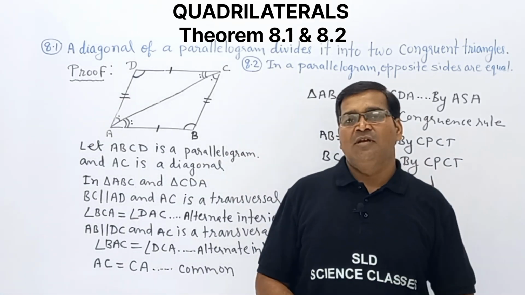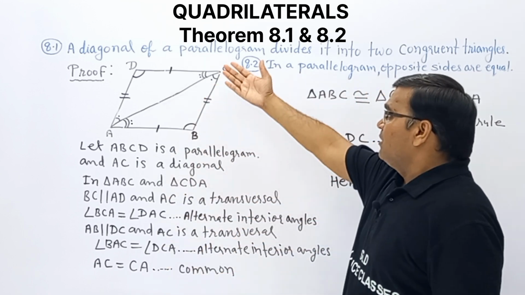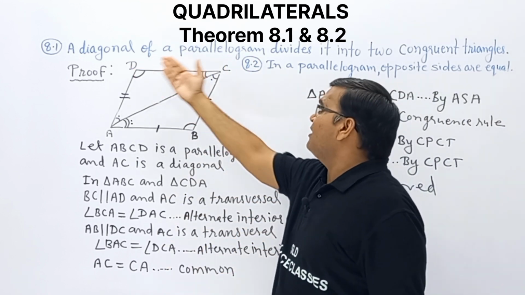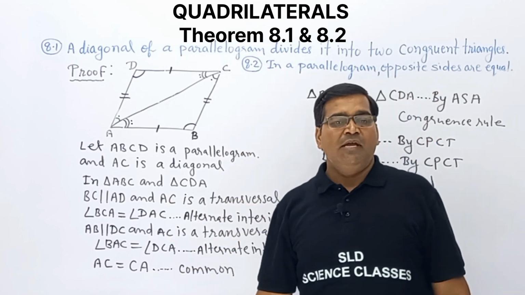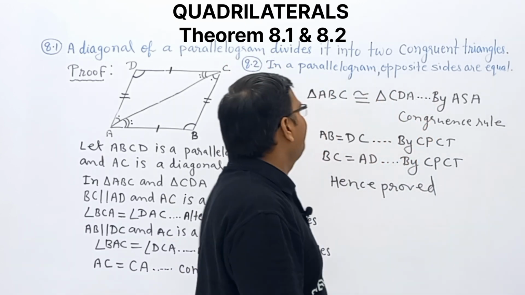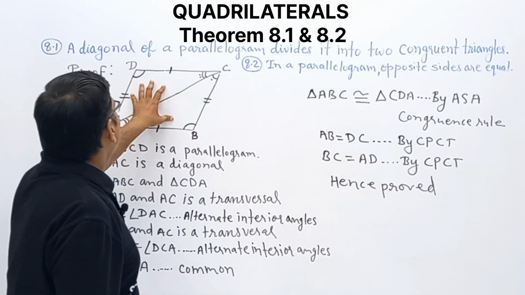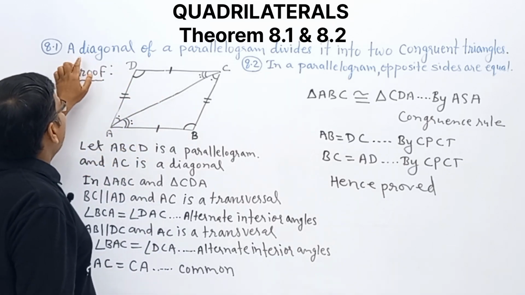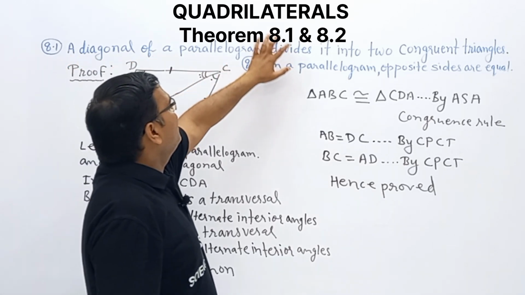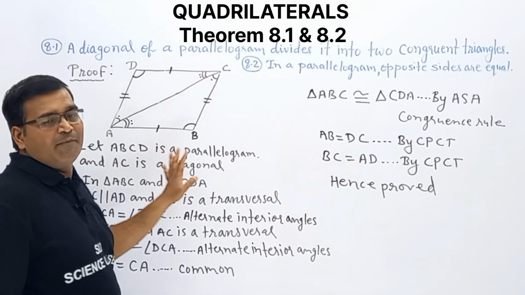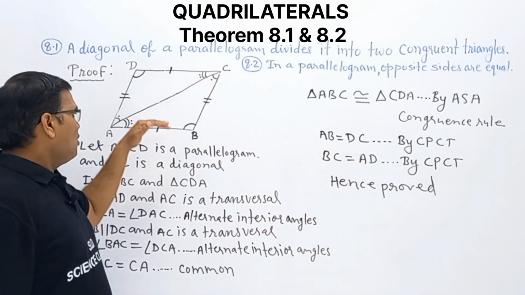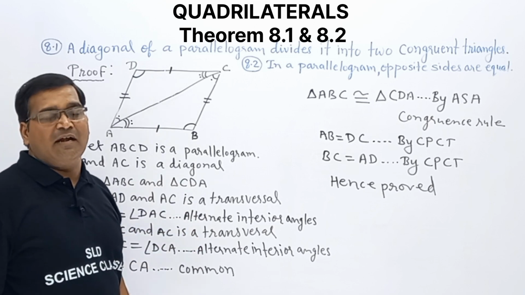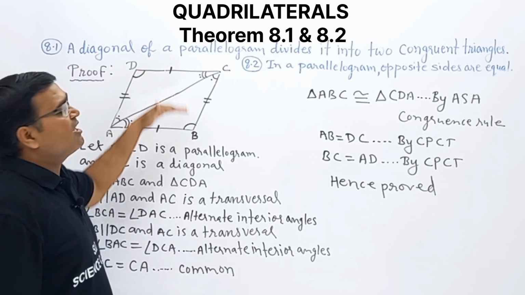These are simple theorems, 8.1 and 8.2, two theorems in our syllabus. So 8.1 is what? A diagonal of a parallelogram. This one is what? Parallelogram. We know well a parallelogram has opposite sides parallel. In the parallelogram, opposite sides are what?